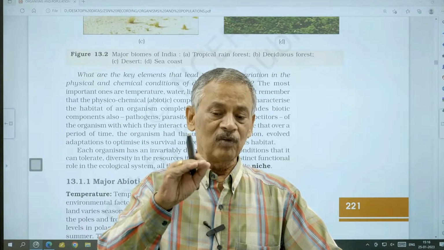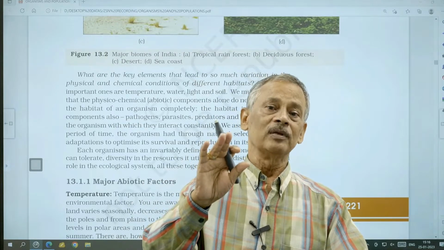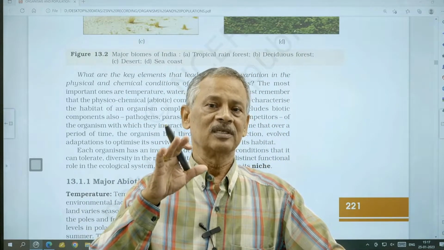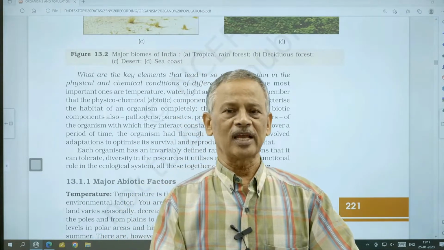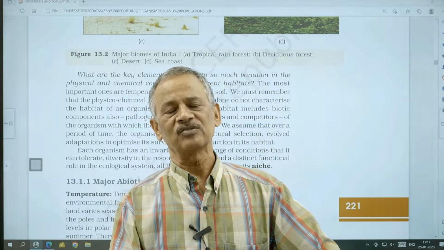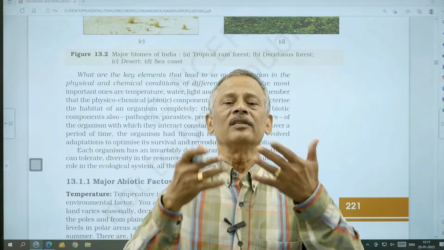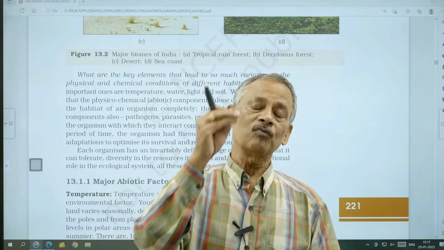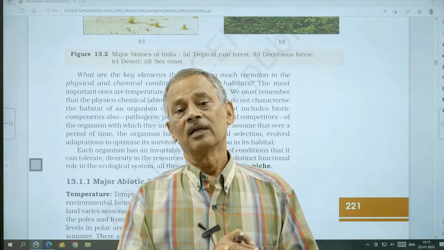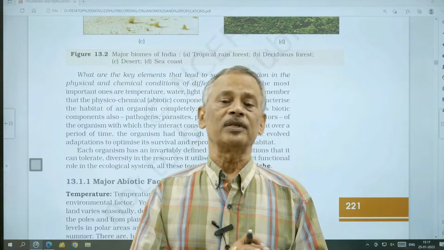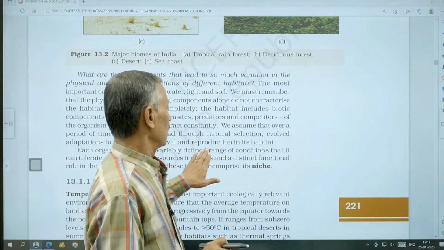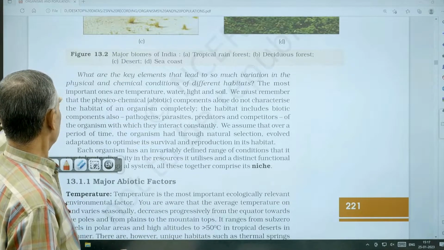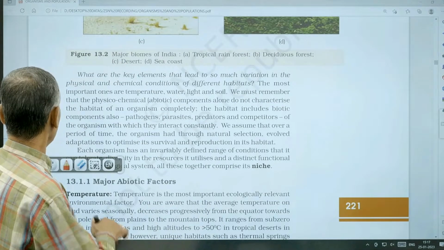In such very deep hydrothermal vents, heat is obtained from the crust of the earth, in the form of hot springs, etc. So, except for such rare special types of habitats, in all others, heat is obtained from the sun.